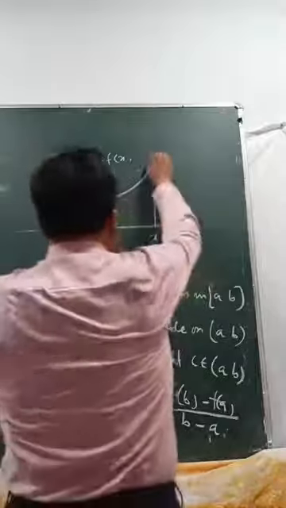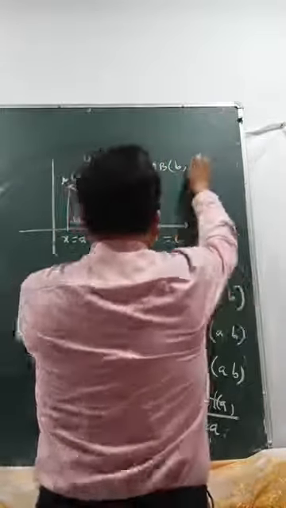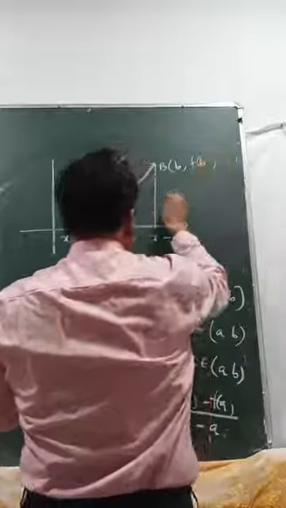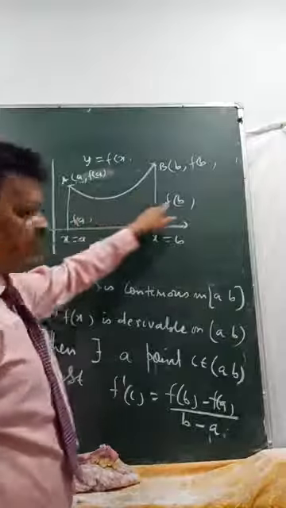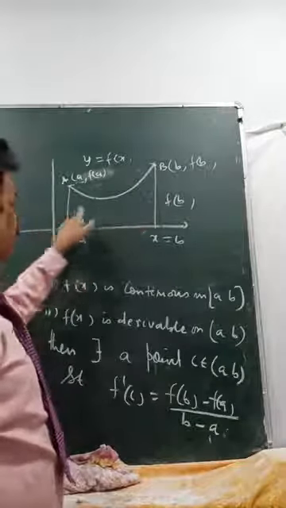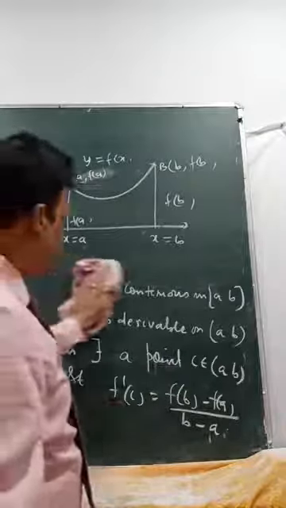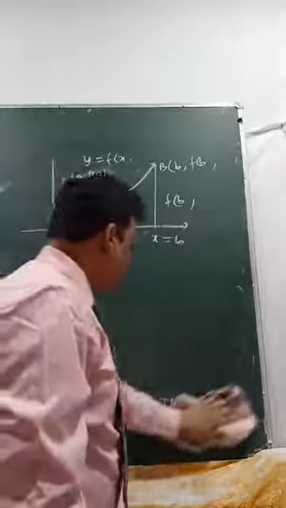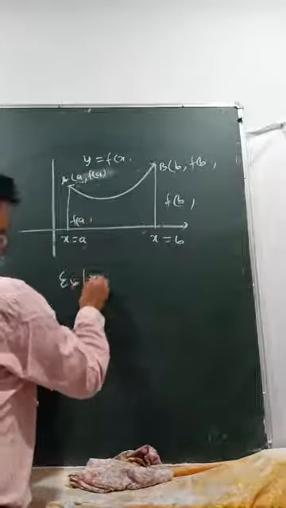This coordinate will be b, f(b), because this is your AB. Remember in Rolle's theorem, these two are equal, but here they are not equal. Okay, so what do you need to find? What is your explanation here?